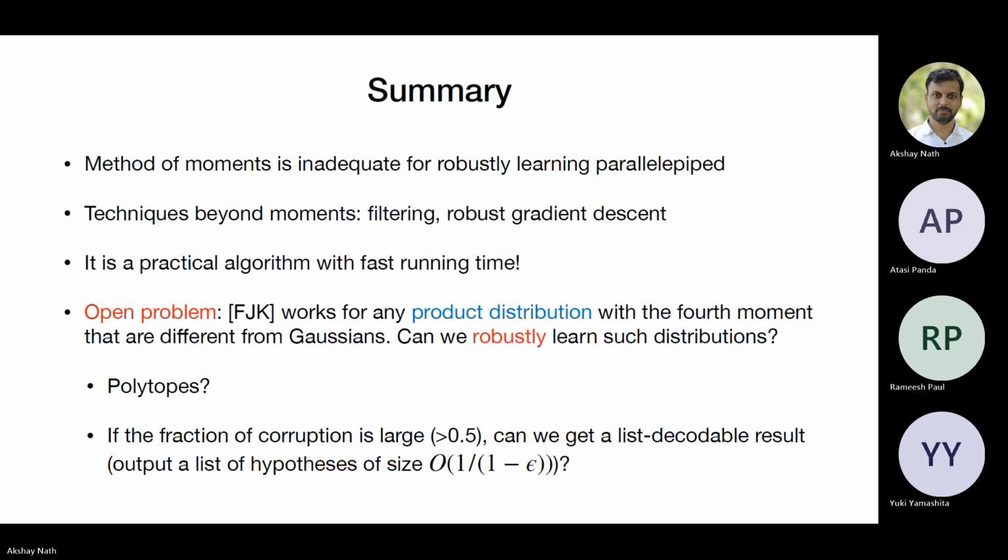For example, for Gaussian, the adversary has more power to manipulate the samples. Suppose the fraction of clean data is alpha, then they can add 1 minus alpha.